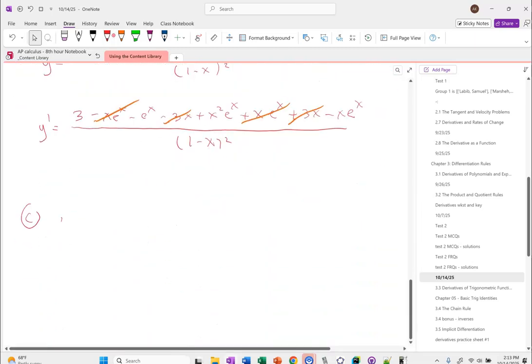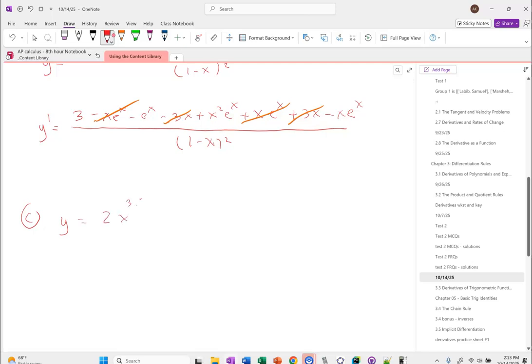So if I think about that as y equals 2 times x to the 3.5 times e to the x, that's now way easier because it's now just a single product rule. So first times derivative of the second plus second times derivative of the first.